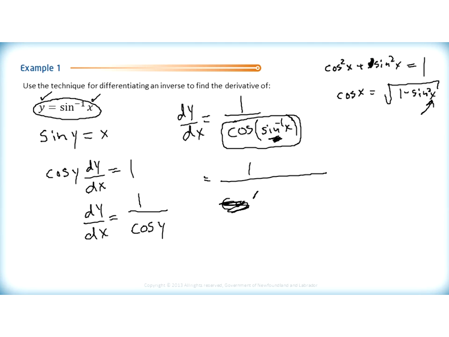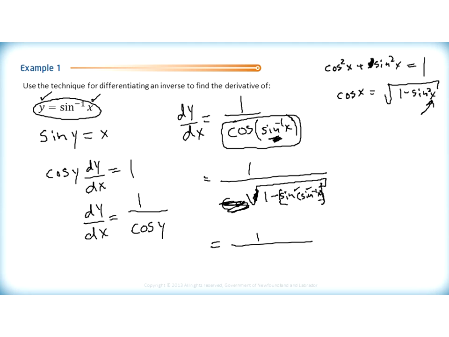So it's 1 over the square root of now 1 minus sine of inverse sine of x, and then all of that is squared. But what you should remember from our work with composition of inverse functions is that the sine of the inverse sine, as long as we're dealing in the right range, is just equal to the variable x.